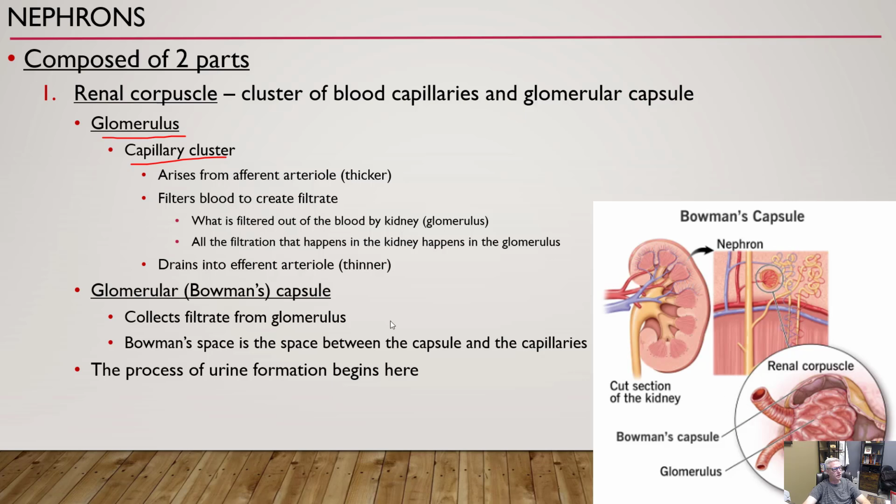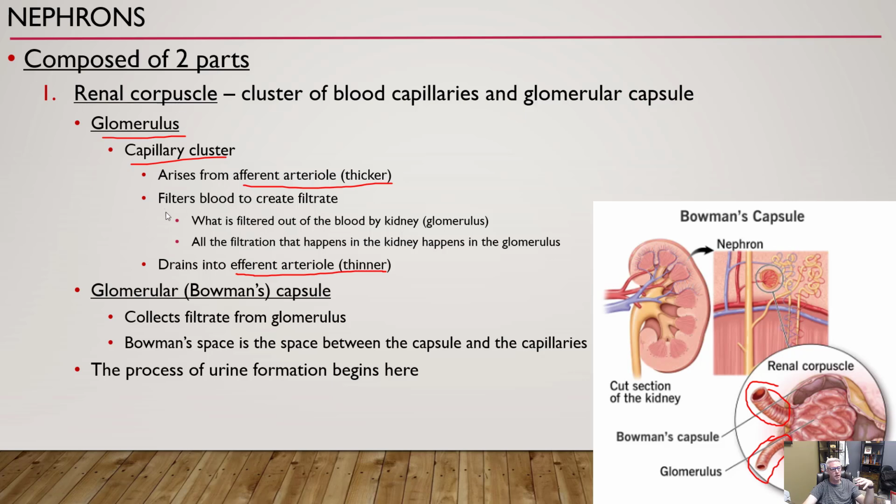You can see down here that one is thicker and one is thinner. The afferent arteriole is thicker and the efferent arteriole is thinner in diameter. Inside this glomerulus is where filtration happens. And like I said, we'll talk about filtration more later on.